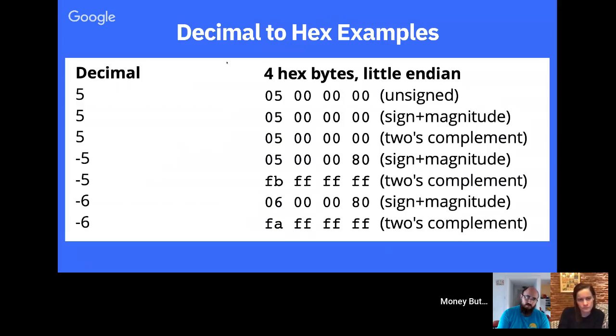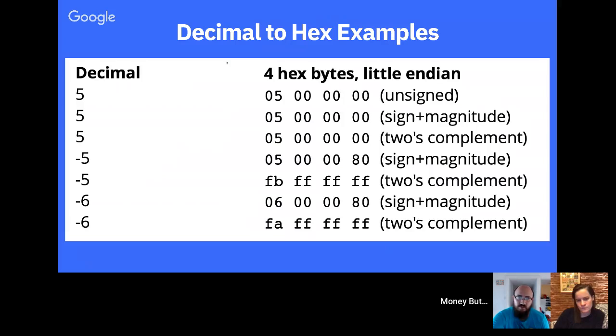It says 05000000. That is the number 5, Littleendian in 4 bytes, and it's unsigned. Now, the 5 is on the left because that is the least significant digit.